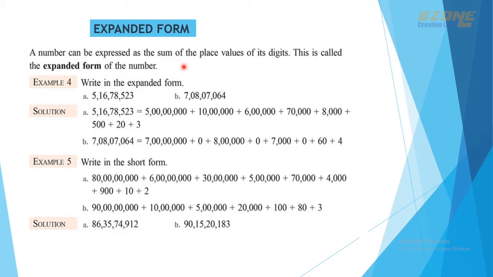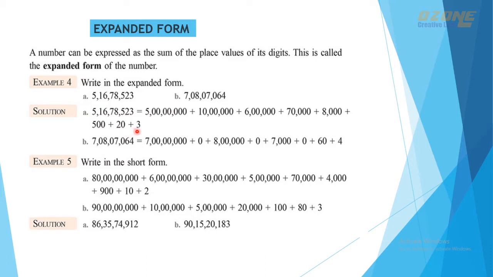For 5 it is 5 crore, 1 it is 10 lakhs, 6 it is 6 lakhs, 7 is 70,000, 8 is 8,000, 5 is 500, 2 is 20, and 3. We'll write it in addition form, that is 5 crore plus 10 lakh plus 6 lakh plus 70,000 plus 8,000 plus 500 plus 20 plus 3. That is the expanded form.